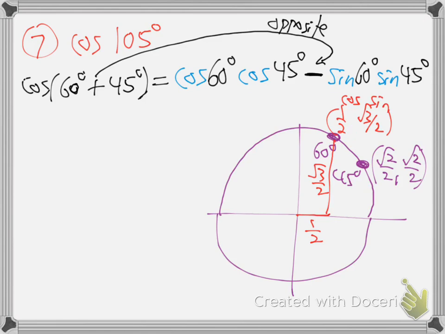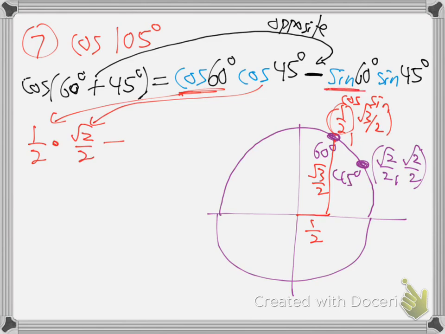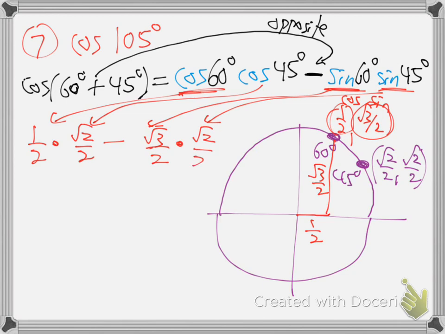Let's find them out. So cosine of 60 first off. What's that? That is a half, times cosine 45, that's root 2 over 2, minus sine of 60, that is root 3 over 2, times sine of 45, root 2 over 2.